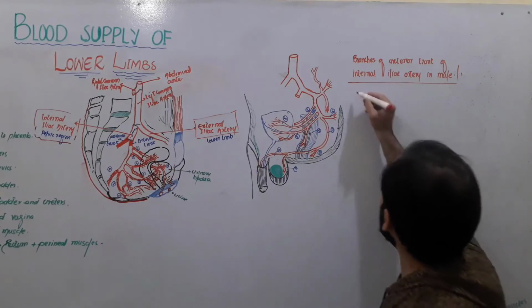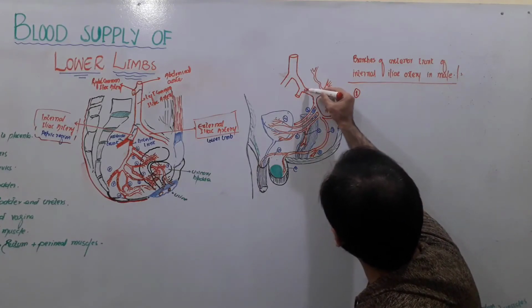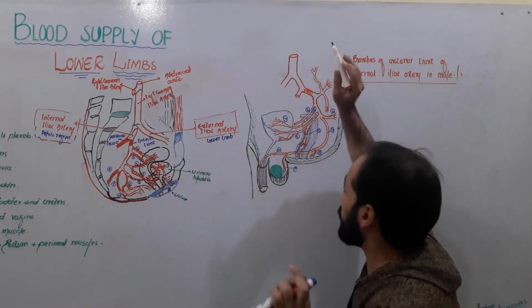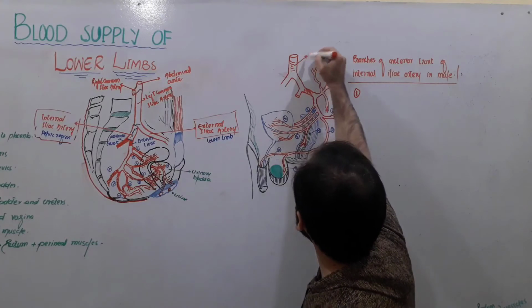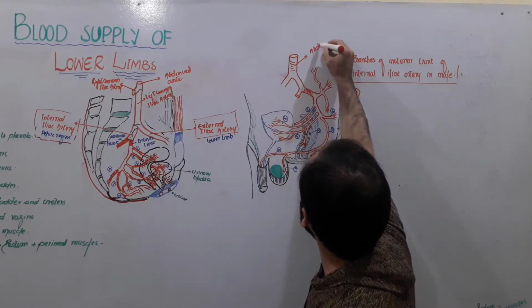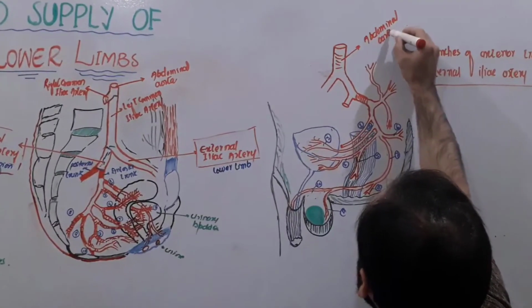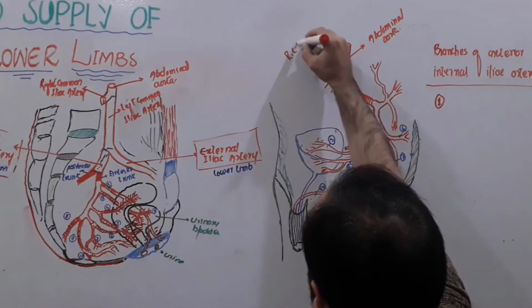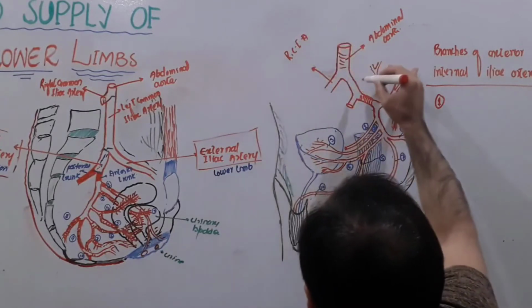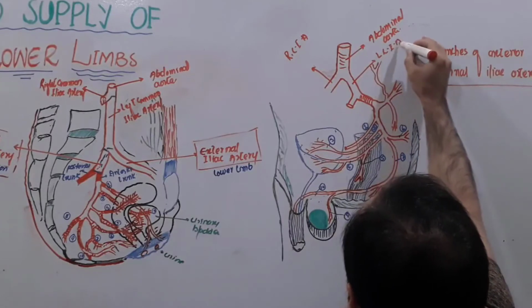Let's see. This is our abdominal aorta. This is our right common iliac artery, and this is our left common iliac artery.